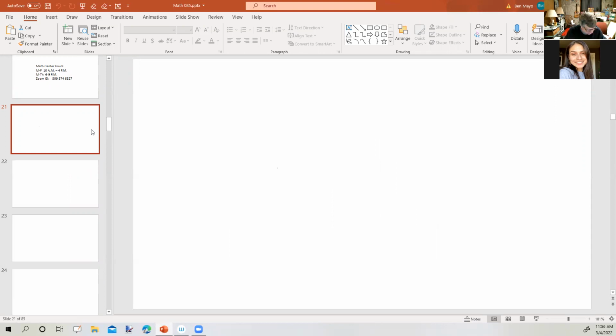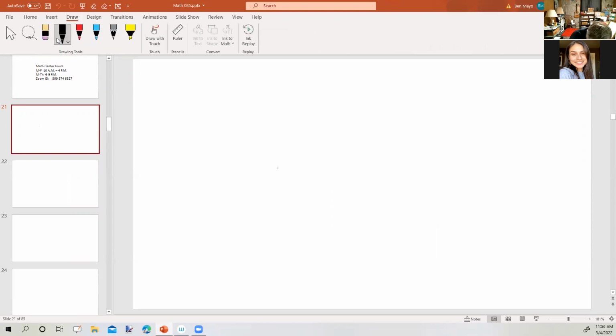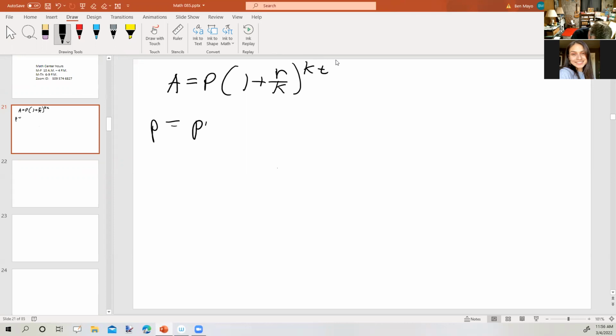We're going to look at a formula that looks like this. A equals P times (1 plus R over K) to the KT power. P stands for the principal. That is the amount invested.